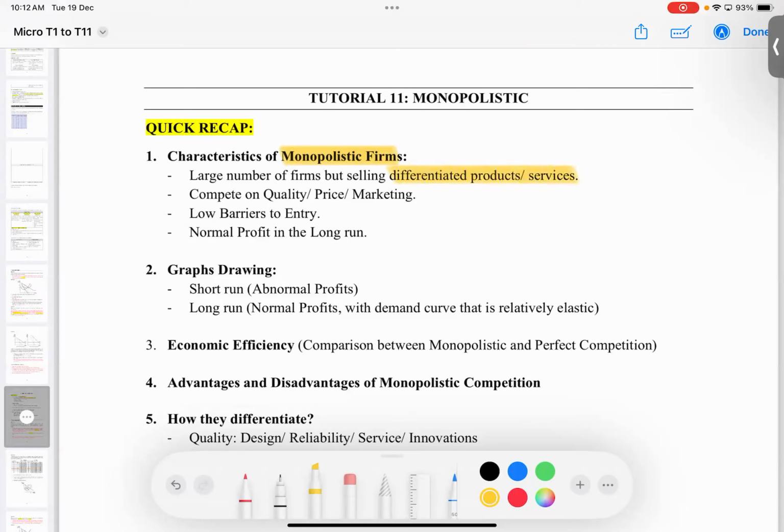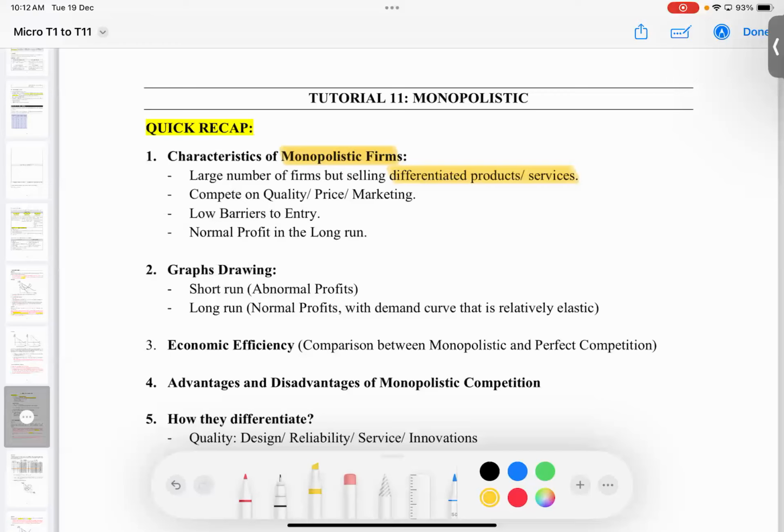This is why firms like cafes, restaurants, and clothing stores are all under the category of monopolistic firms. There are a lot of producers, a lot of competition in the market, but they can still differentiate their item from the rivals to some extent.